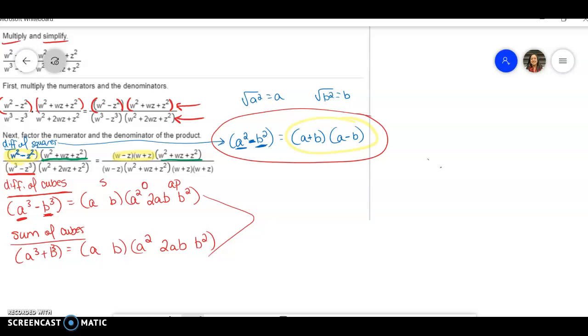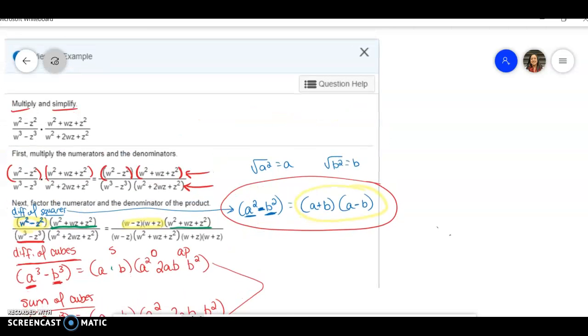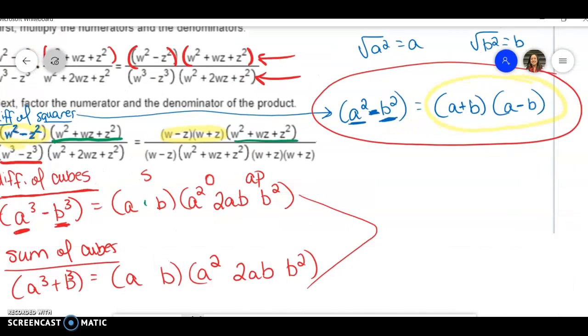The S stands for same. Same means whatever sign you had here. In this case, I'm doing a difference of cubes. Difference means minus. Because I have a minus there, I'm going to put a minus here.